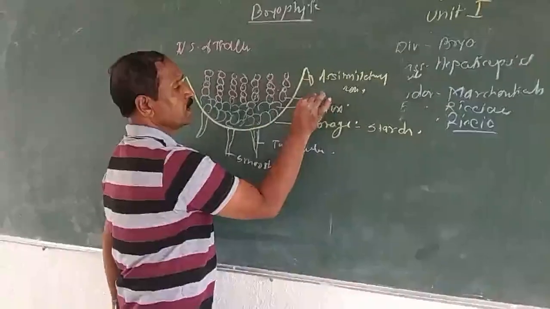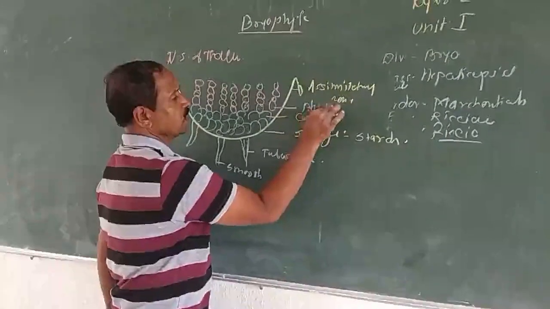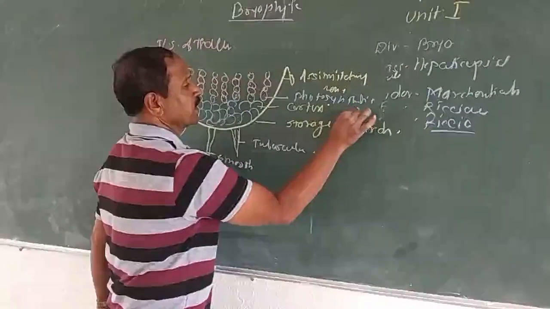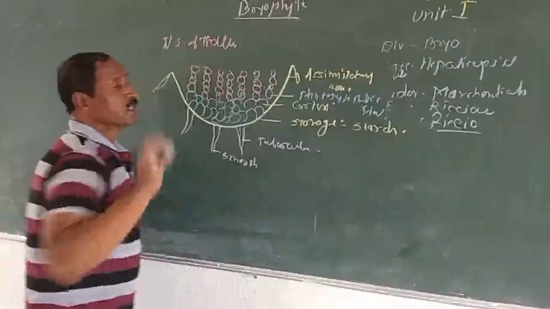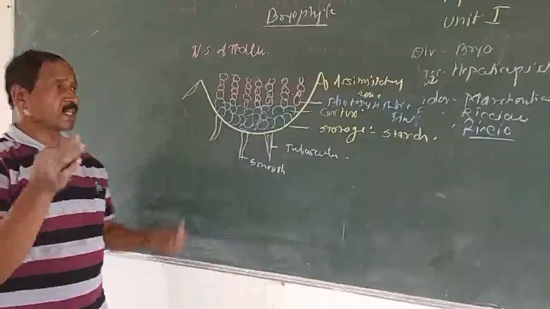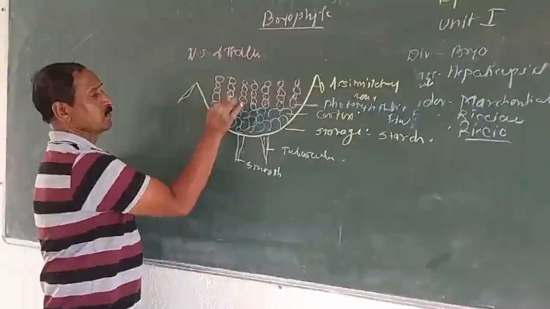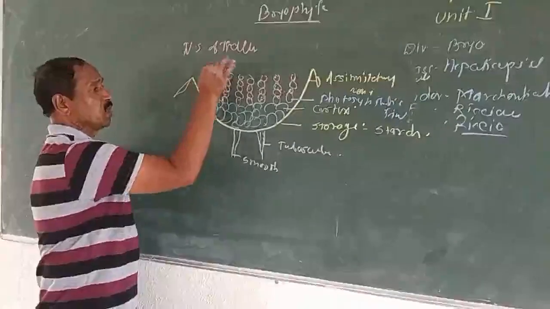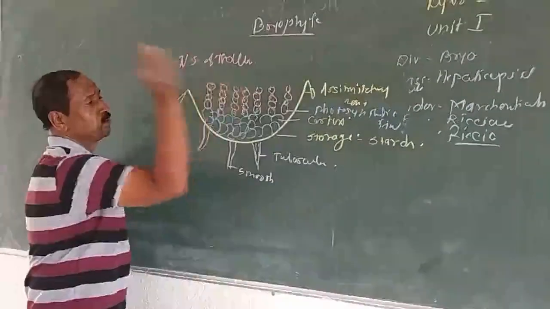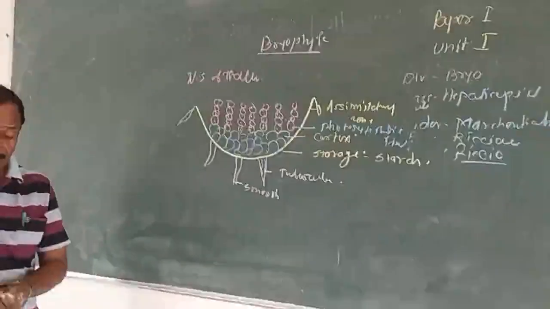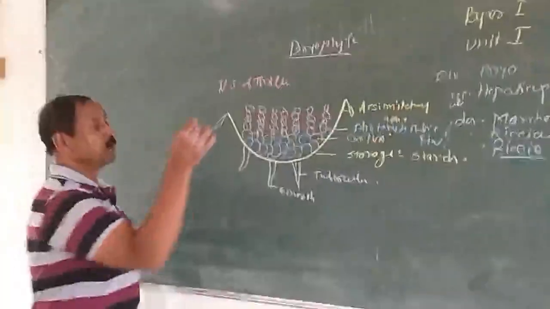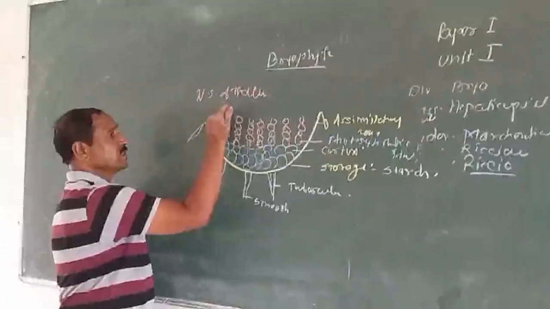So these are the photosynthetic filament. In the filament there is presence of chlorophyllous cells which contain chloroplast, which is used for photosynthesis and for the production of food material.